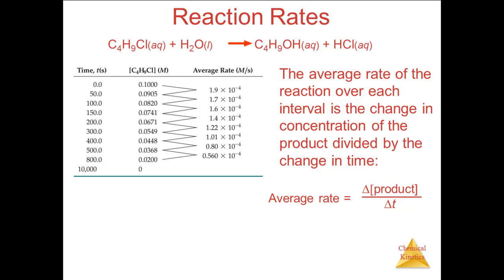So we read this as average rate equals change in the concentration of product over the change in time. That's the average rate over that interval. However, we are measuring the concentration of butyl chloride, so the average rate is delta [C4H9Cl] over delta t.